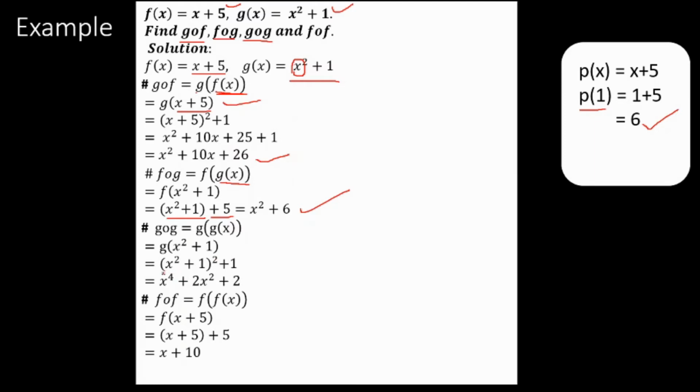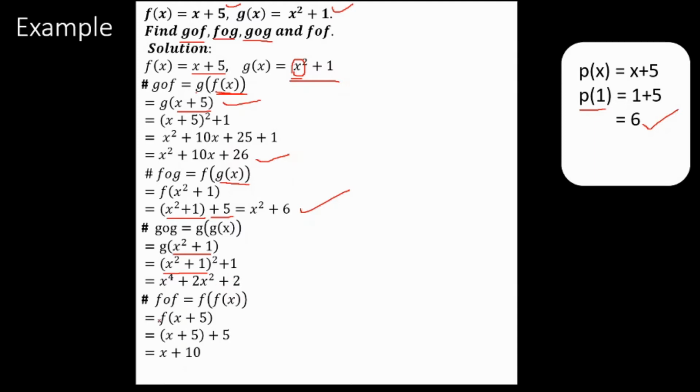Did you get why you are substituting this? Because instead of x, what do you have? x square plus 1. So this x will be replaced with x square plus 1, the whole square plus 1. So when you solve it, you get this answer, that is x raised to 4 plus 2x square plus 2.